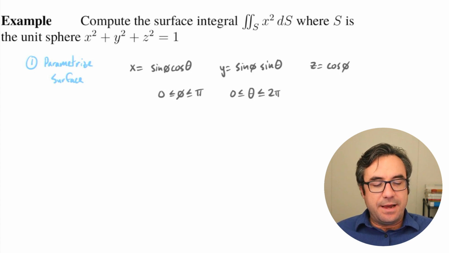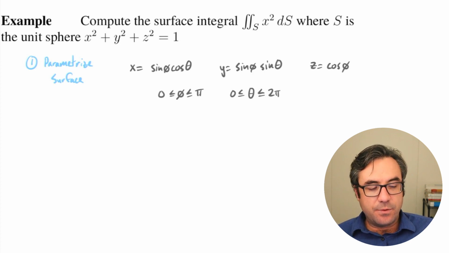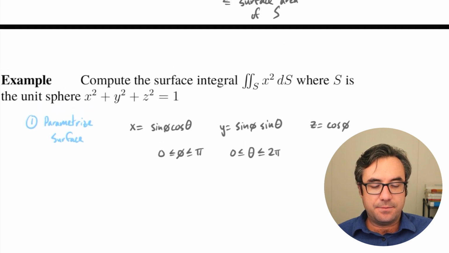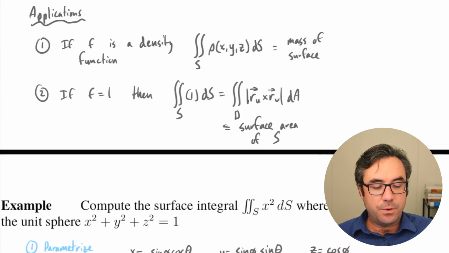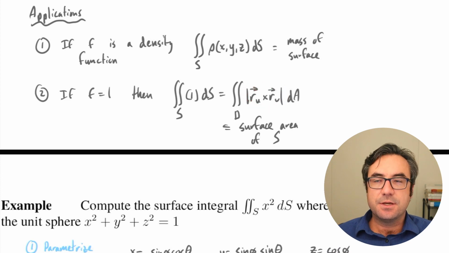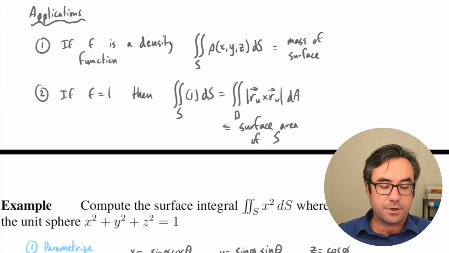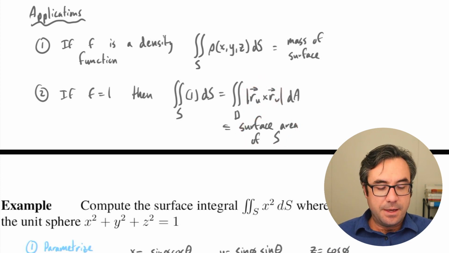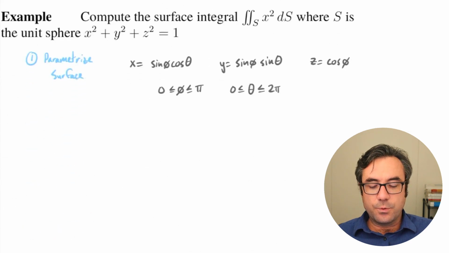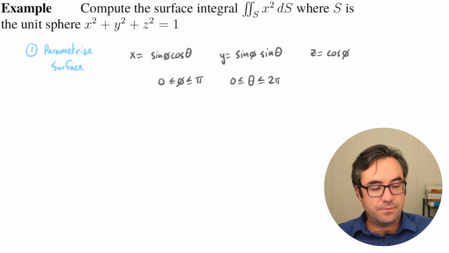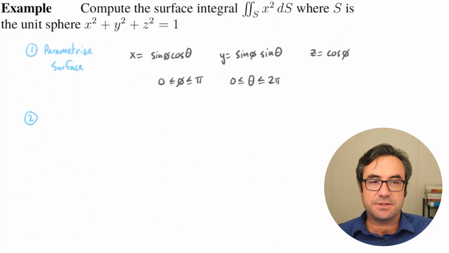And then once we have this parameterization, if we go back up, we want to work on calculating this cross product and the length of that cross product so we can convert our differential, just like if we were going to do surface area. I'm going to reuse what we did in class.